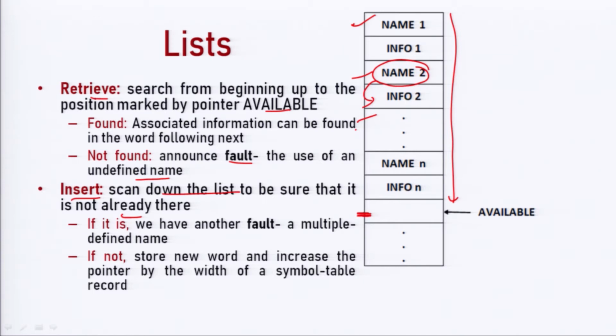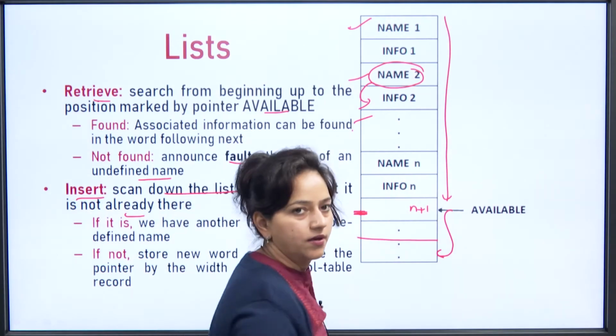So, here n plus 1 will be stored at the first available space, we reserve the required space for it as per the symbol table record size, and now available will point to the next position.